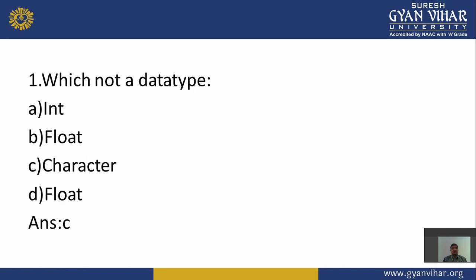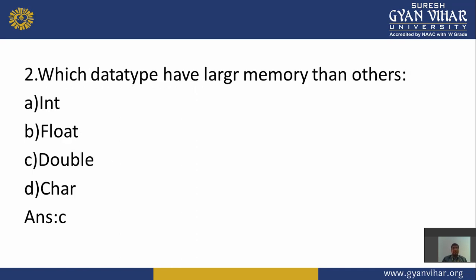First is integer, float, character, and also double. You might say character is a data type, but it is not written in the right form. For character we write char. So the answer is C, character.